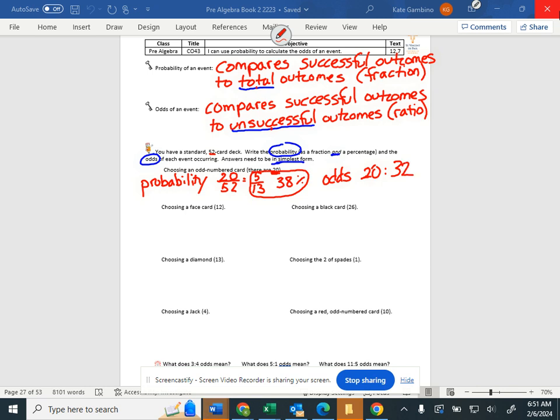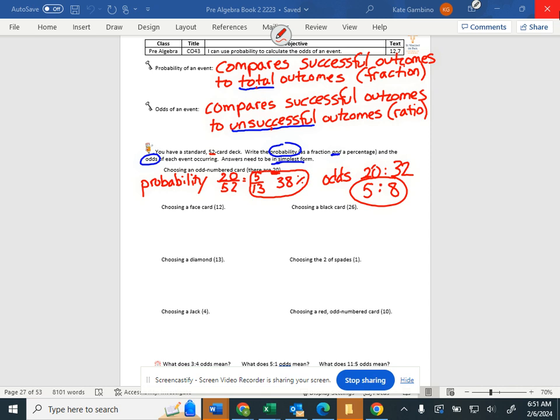I can divide a 4 out of both, and I get 5 to 8. So my odds would be 5 to 8 that I would pull an odd numbered card. So it is important that you do probability with the fraction and the percentage, and you do the odds as a ratio, and we are simplifying everything.